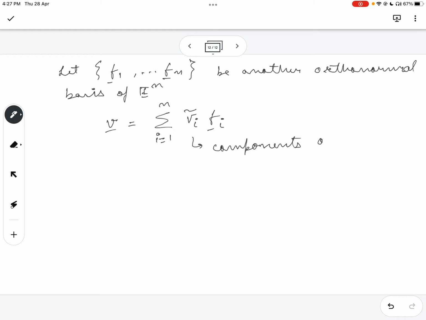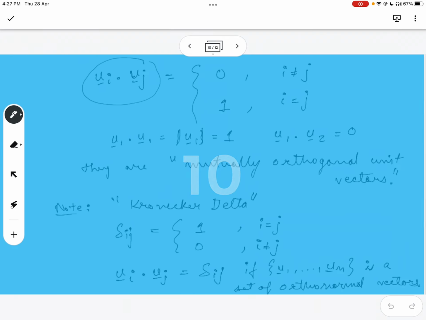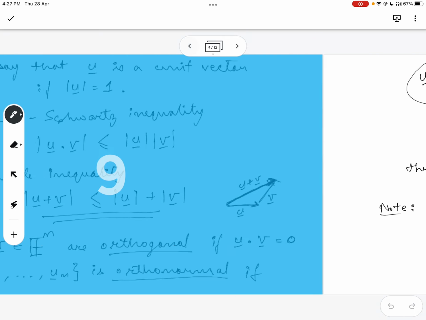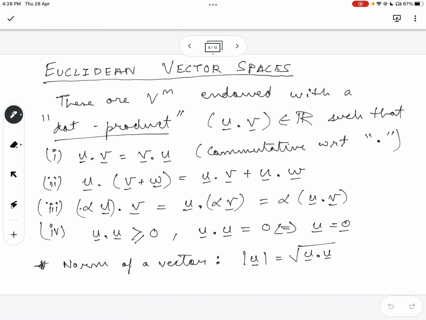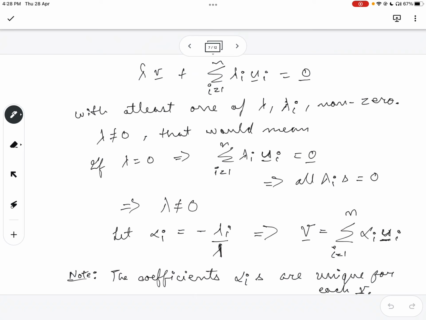Actually, they will differ, because as you had seen in the note we put out, the coefficients alpha i are unique for each v.